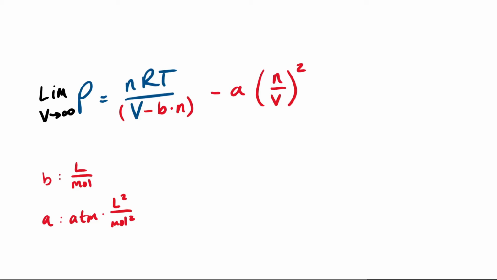In the first term, if volume is huge, then subtracting any number nb will have almost no effect. It's completely negligible and we can ignore it. In the second term, as volume gets larger, the term as a whole gets smaller. And at the limit of infinity, this term goes to zero, and we end up recovering the ideal gas law.